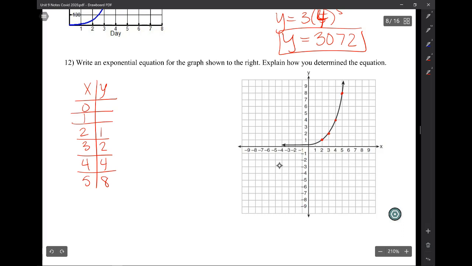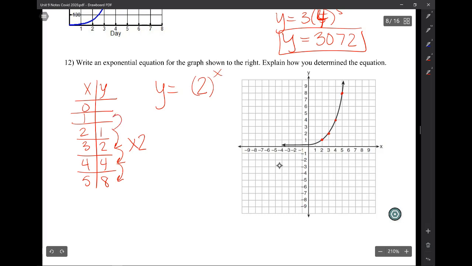And remember, we always need to find our y-intercept. So if I can figure out these 4 points, there is no reason why you can't look at that pattern, 1 to 2, 2 to 4, 4 to 8, and notice that it's multiplying by 2. And if it's multiplying by 2, we know that that's our base.